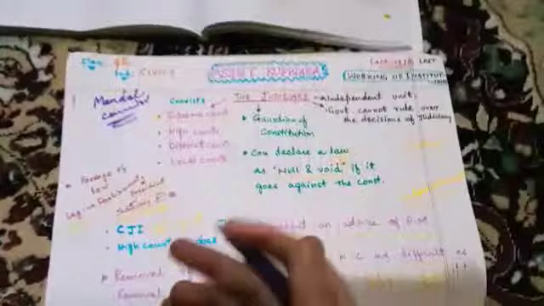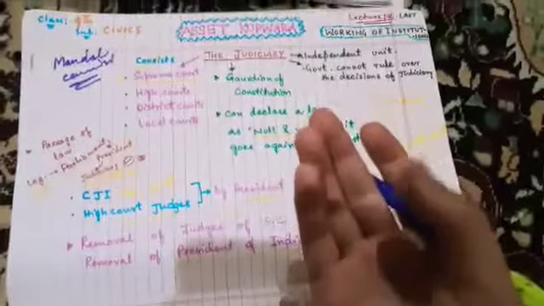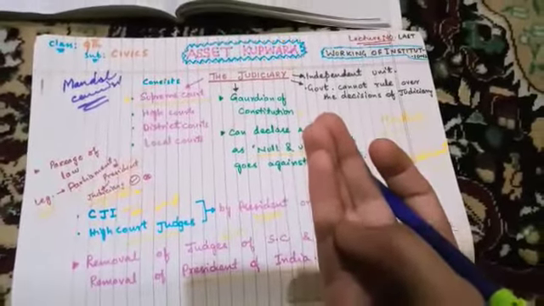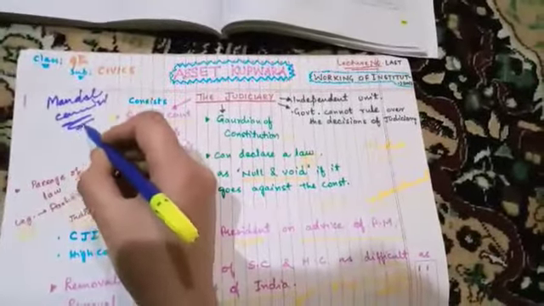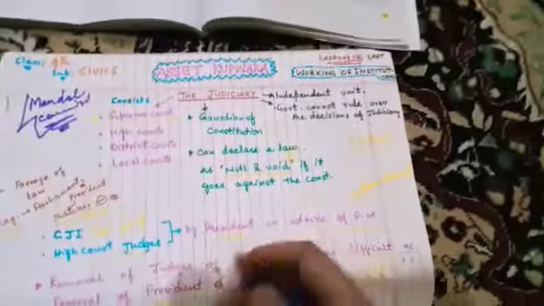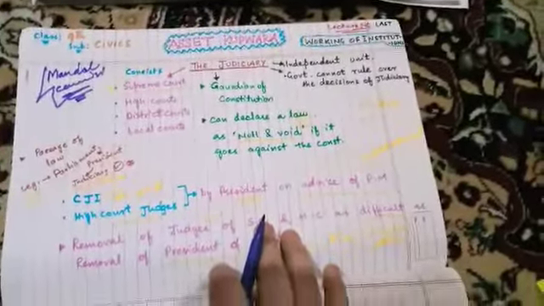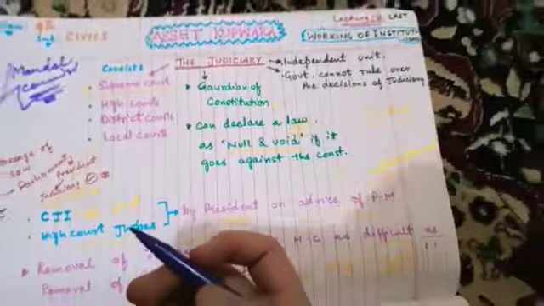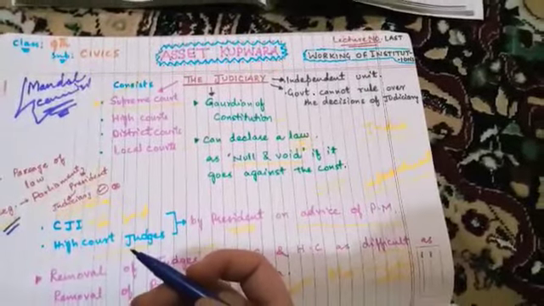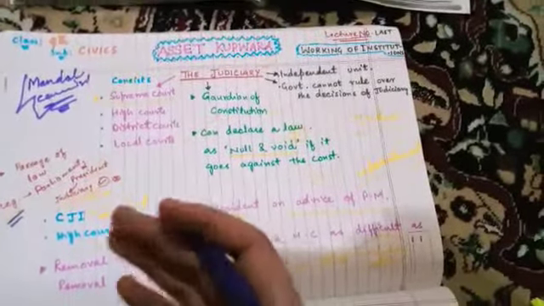I did not discuss this till now because you were not aware of what judiciary is, what legislature is, what executives are, so I kept this withheld. You will remember that this commission was a committee made by the government of India for identifying the socially and educationally backward classes in India.